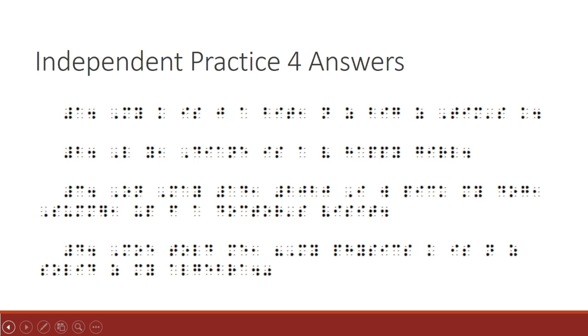Sentence 3 should have W for will and F for from. Also, make sure there is a numeric indicator in front of 14 and before 2020. Sentence 4 contractions include K for knowledge, N for not, and Z for as.